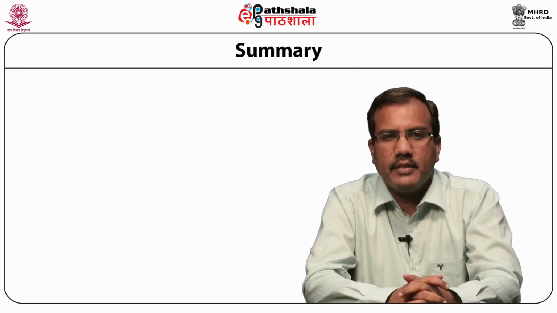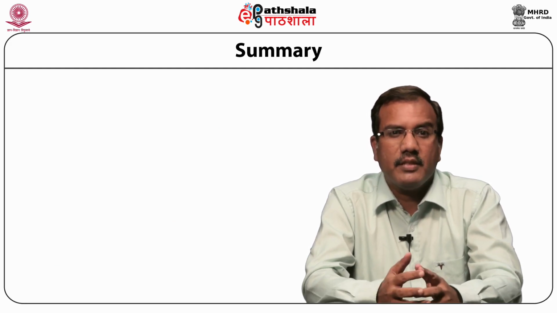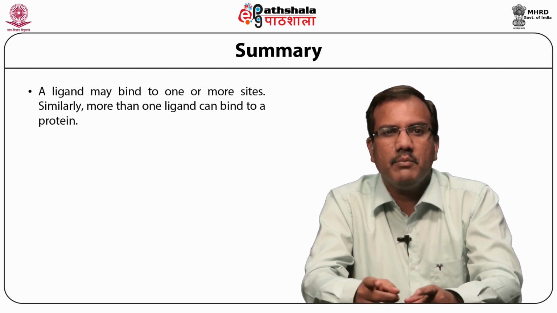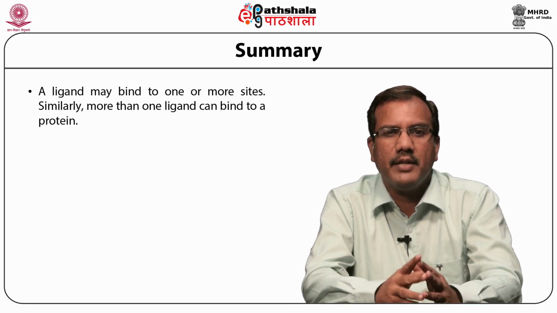So students, let us now summarize what we have learned in this module. First, a ligand may bind to one or more sites. Similarly, more than one ligand can bind to a protein.